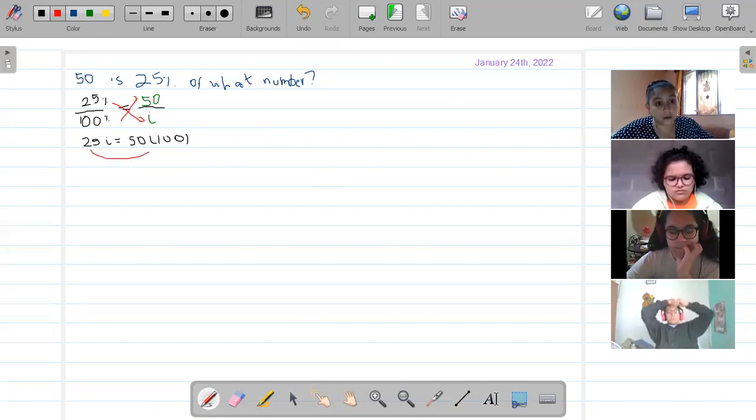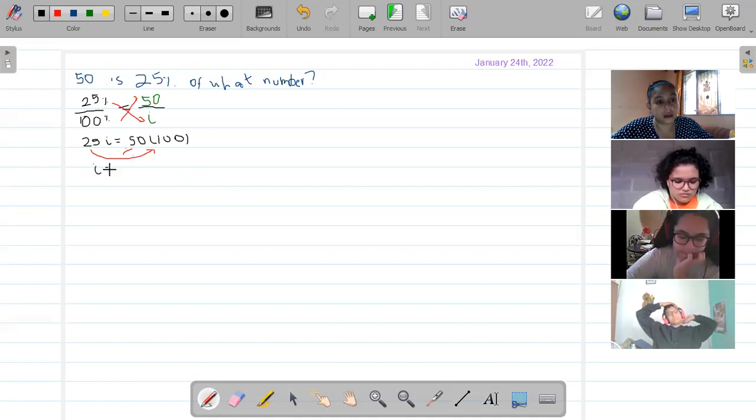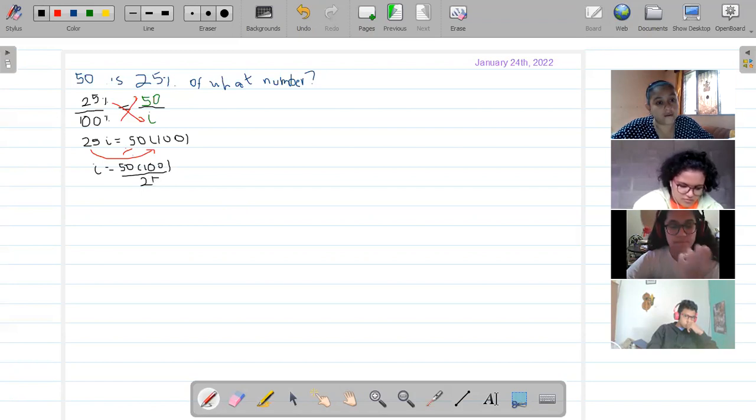So the 25 goes to the other side with an inverse operation, which is a division. So we have now that I is equal to 50 times 100, everything over 25. Now we're going to see if there is anything that we can simplify.